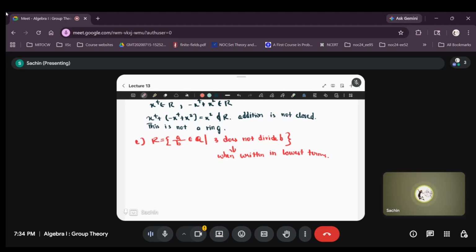So since 3 is prime, if we have two numbers a by b and c by d, and 3 does not divide b and 3 does not divide d, then 3 won't divide bd. So this is a ring.